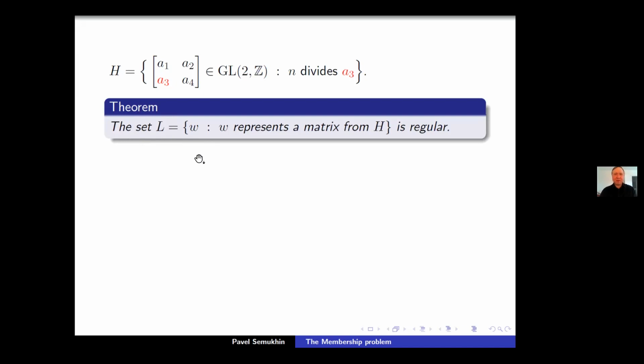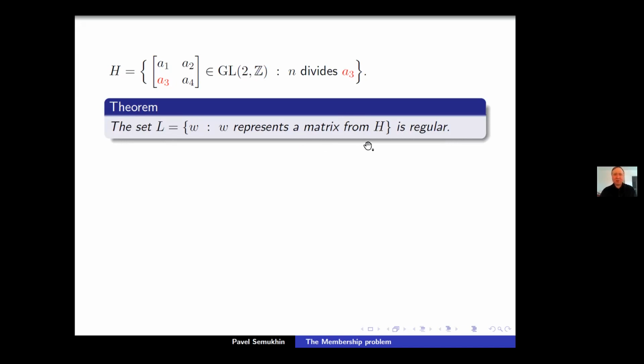And in fact, we can prove an even stronger result: if we take the set L of all words W which represent some matrix from this group H, then this set L is a regular set.